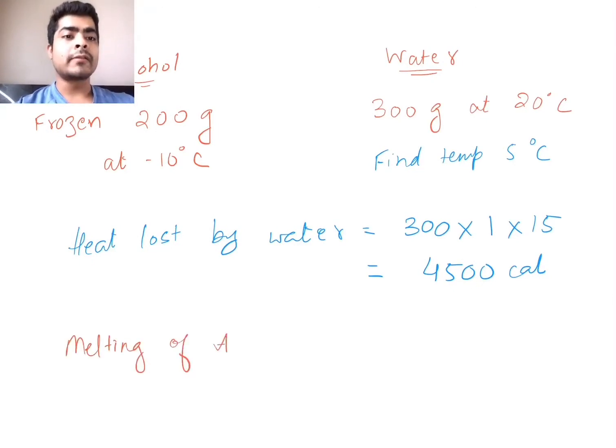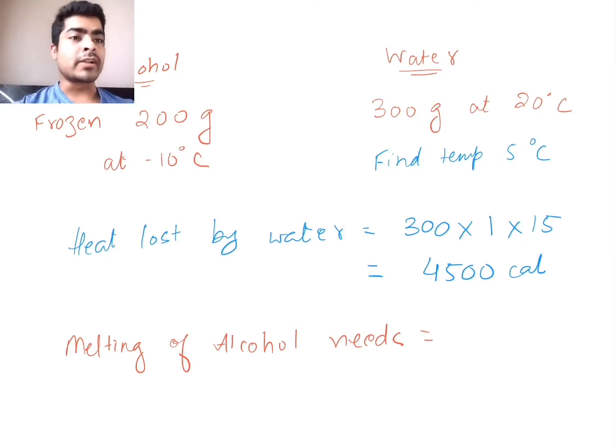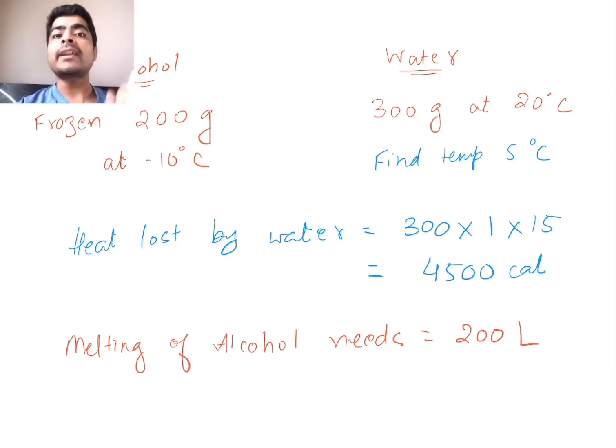Melting of alcohol solid needs how much heat? Mass into latent heat. The mass of the alcohol is given to be 200 gram. Latent heat we don't know, so let's just take it to be L. So 200 L is the heat absorbed by the alcohol at minus 10 degrees Celsius to melt.